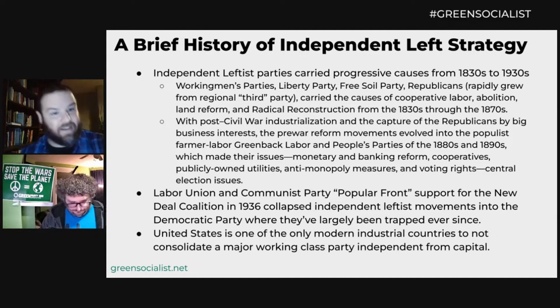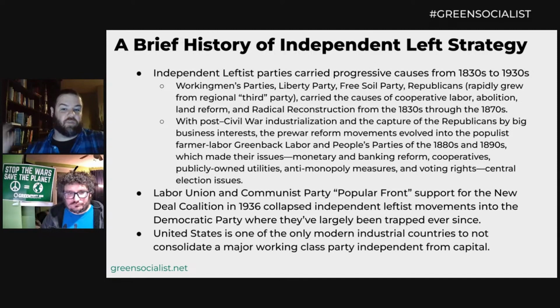We were electing active, independent socialists, and so as it was said, this strictly two-party system is really a post-New Deal era phenomenon.